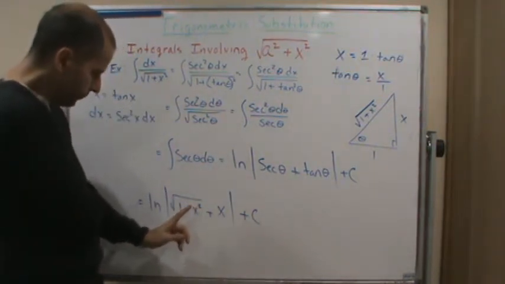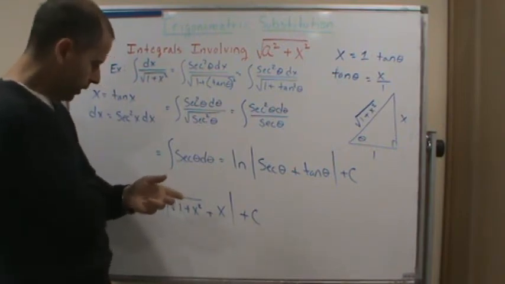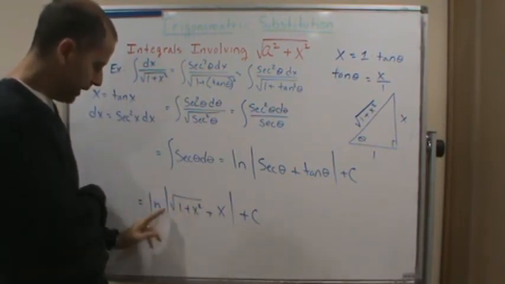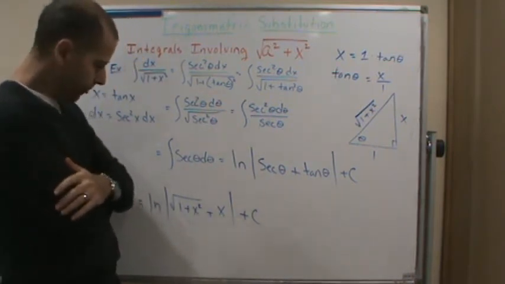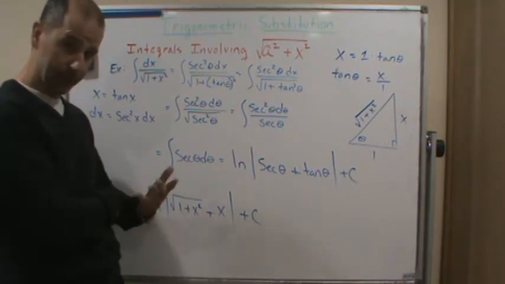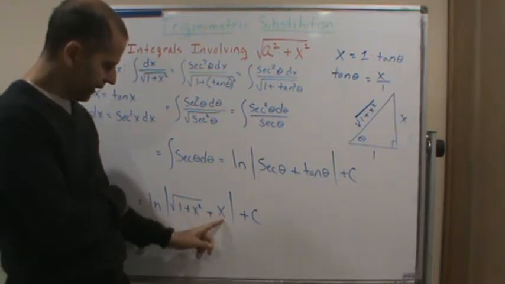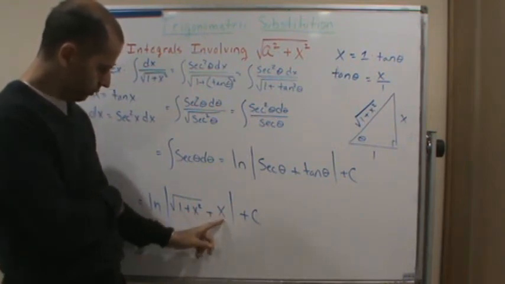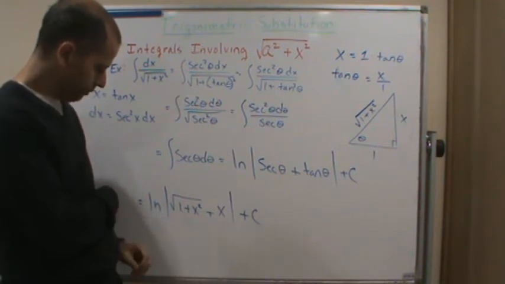Here, x squared is always positive, no big deal, so this square root will always be positive. Now what about this one? If x is negative, it seems like there's a possibility that this thing could be negative, but let's think about this. At 0, this is going to be positive.